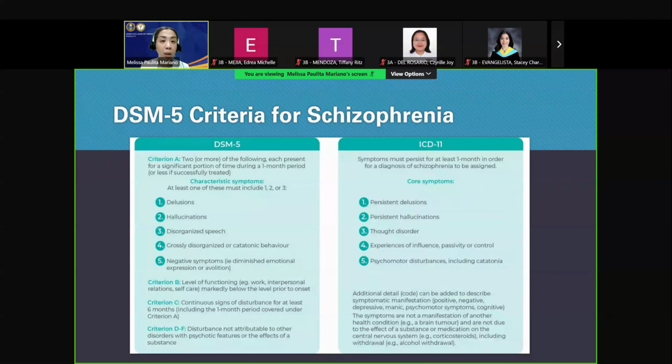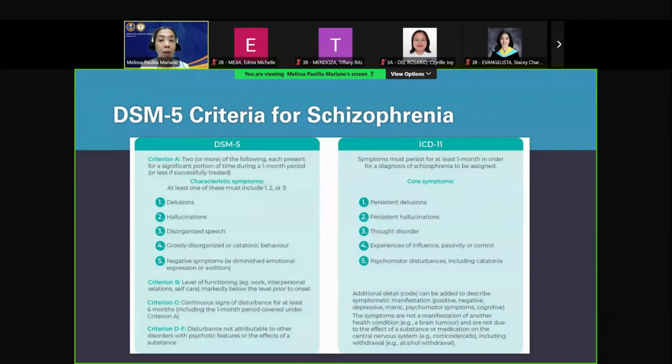So maybe the person to be diagnosed with schizophrenia could have delusions for the last 5 months, and this month he develops hallucinations as an additional symptom.